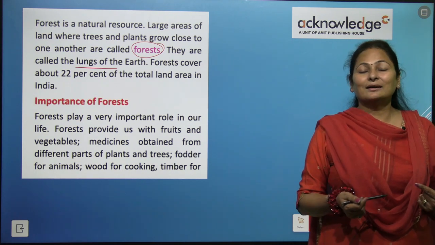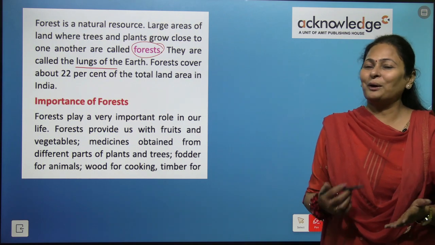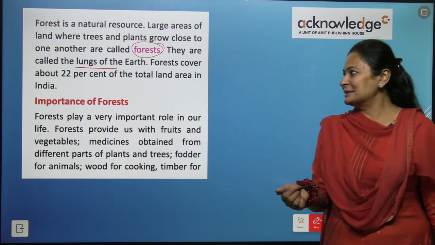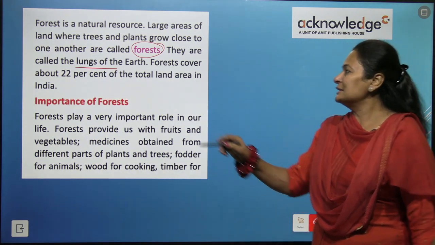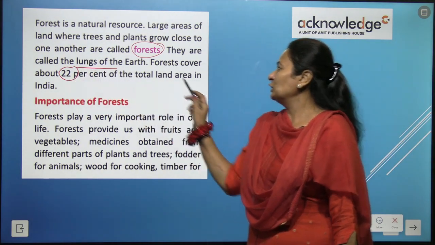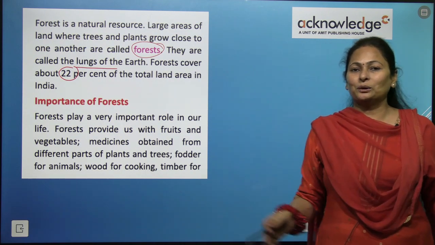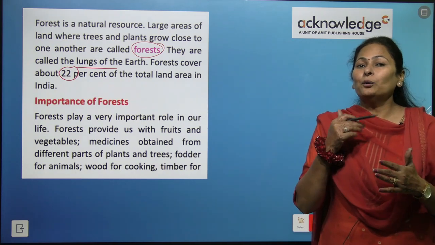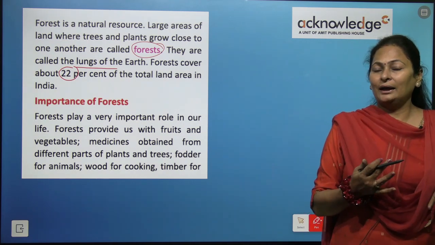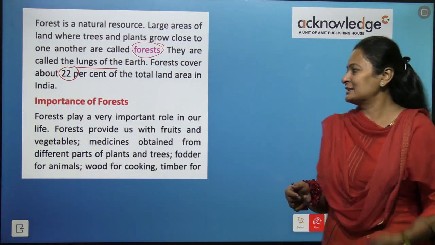So plants are the lungs of the earth, and our lungs work because of these plants, right? Forests cover about 22% of the total land area of India. Out of the total land area of India, 22% is covered by forest, right?